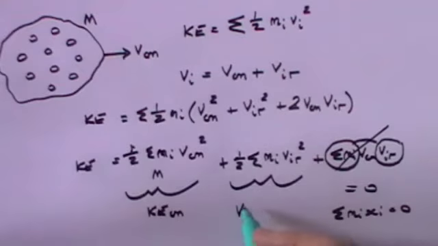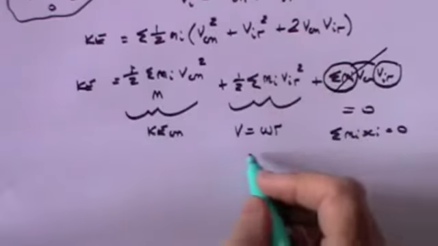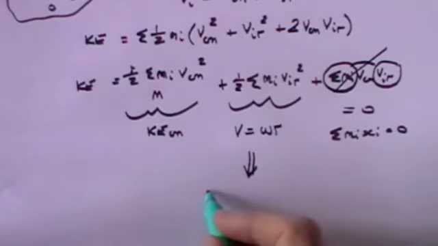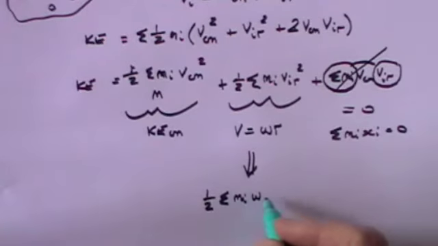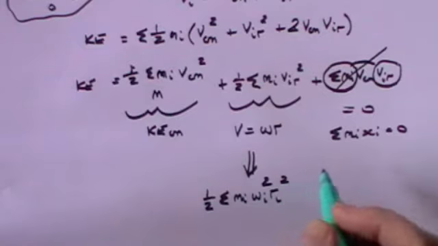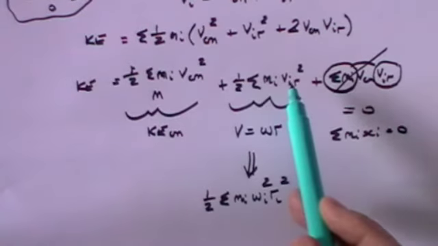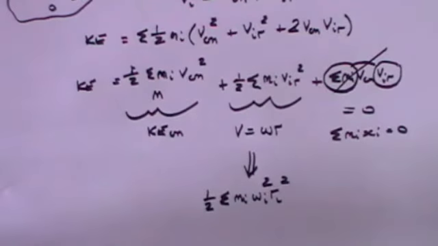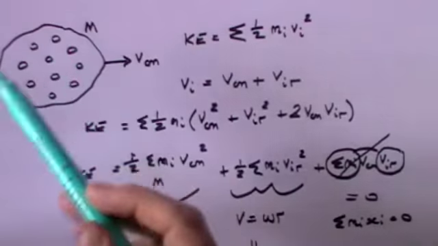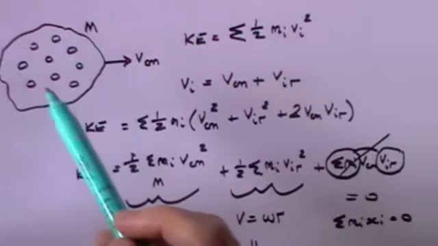But v is equal to omega r. So now I can pull this term down, and I can say that that equals a half sigma mi omega squared ri squared, because we're squaring v equals omega r. But remember that the rotational angular velocity is constant.